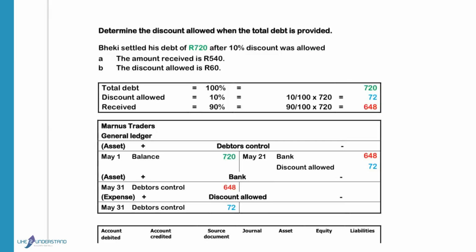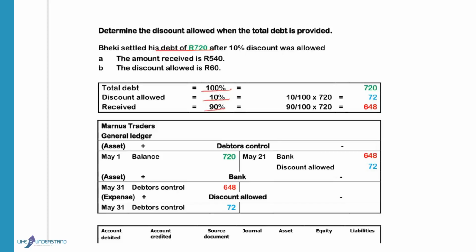Becky settled his debt of 720. Now they give us the total debt after 10% discount was allowed. The total debt is 100%. Discount is 10%. And we receive 90%.